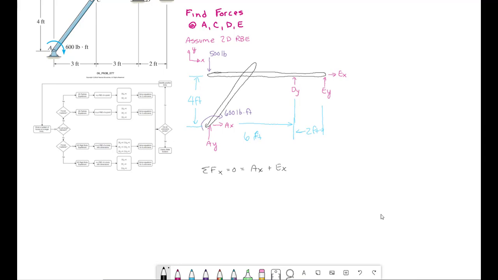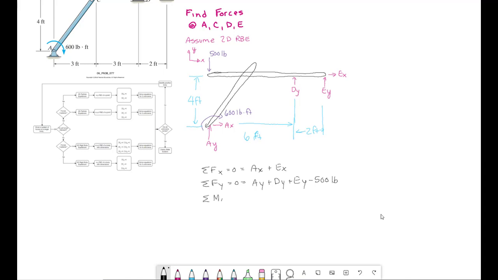That's one equation and two unknowns. Sum of forces in y equals 0: AY plus DY plus EY minus 500 pounds. Now we're at two equations and 5 unknowns.